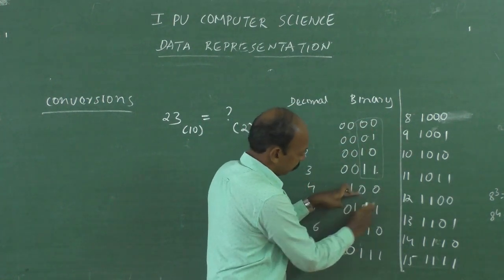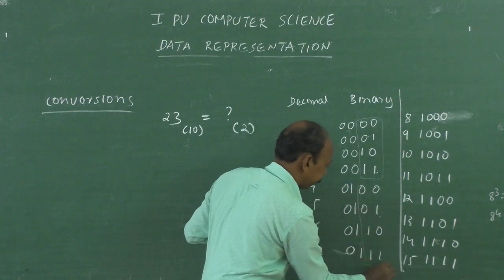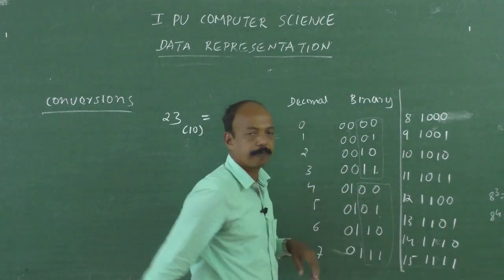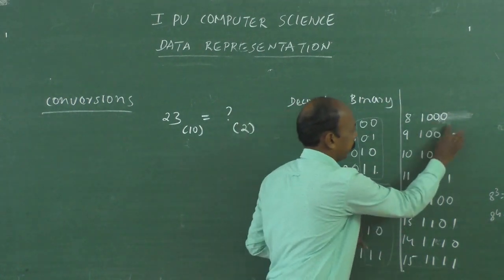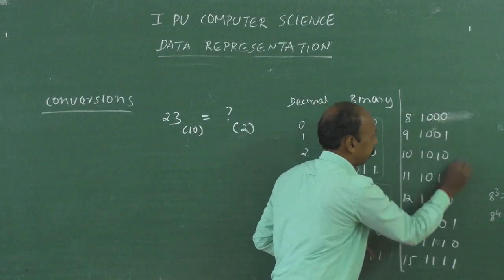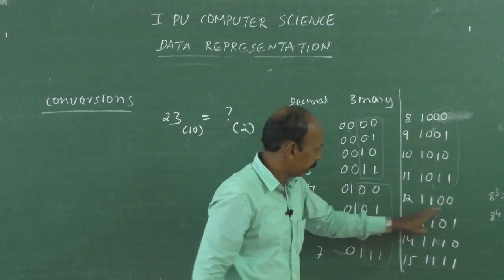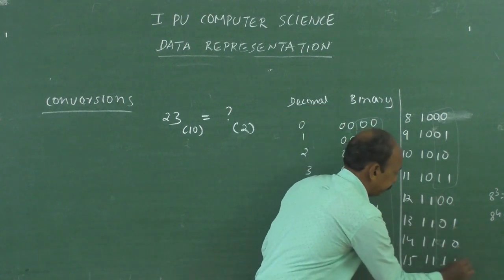What is this? 00, 01, 10, 11. The same thing gets repeated. Then from 8 to 11, again 00, 01, 10, 11. The same thing will get repeated again.